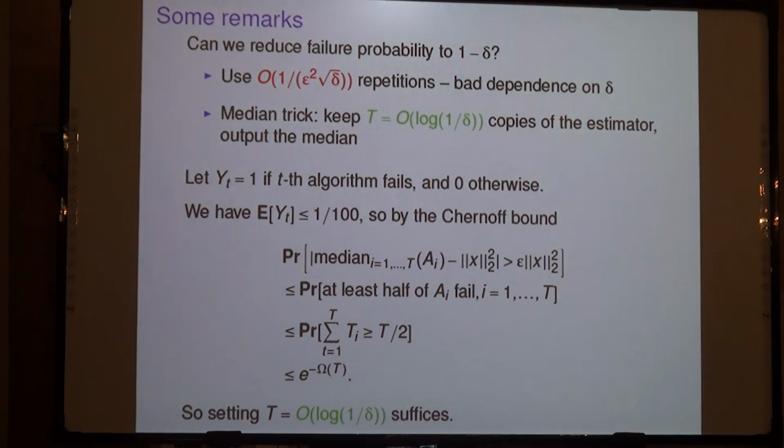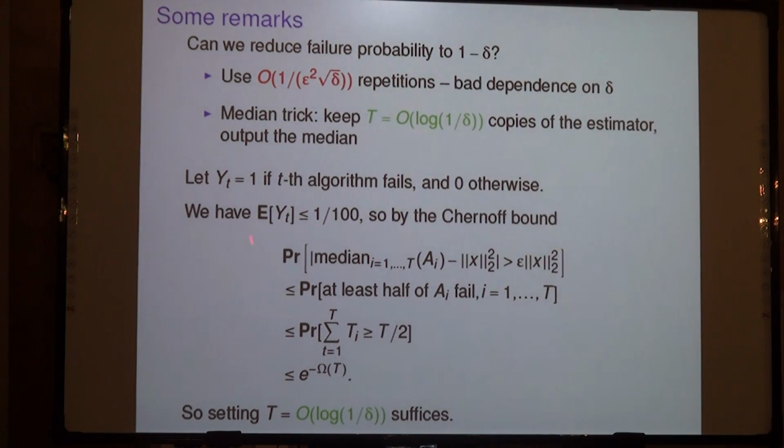So what is the probability that the median will fail to be an epsilon approximation? I claim that if the number of repetitions is on the order of log 1 over delta, then the median fails to be good, and by good, I mean a factor 1 plus minus epsilon approximation, with probability at most delta. Why is that? This is by Chernoff bounds. We have capital T copies of our algorithm. Let me define an indicator random variable y sub t, which is equal to 1 if the tth algorithm fails and is 0 otherwise.